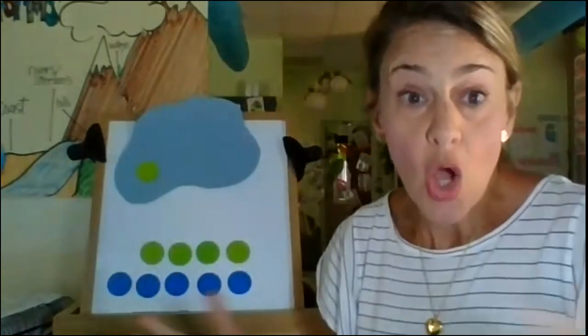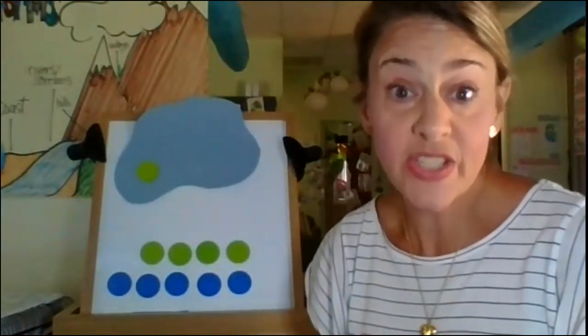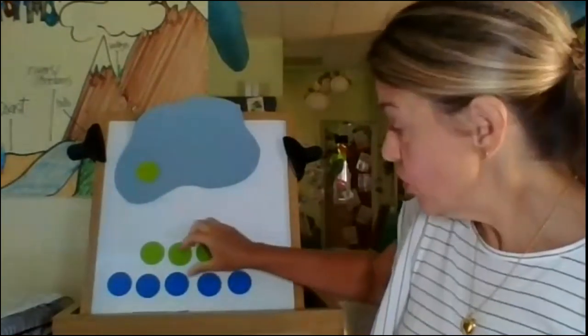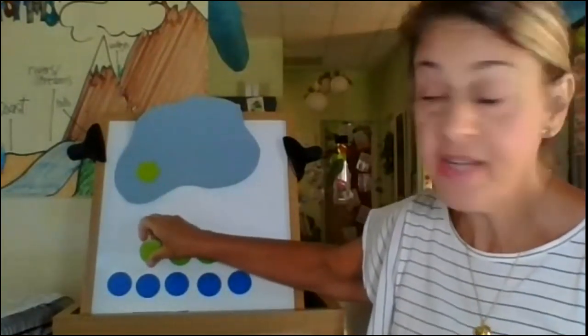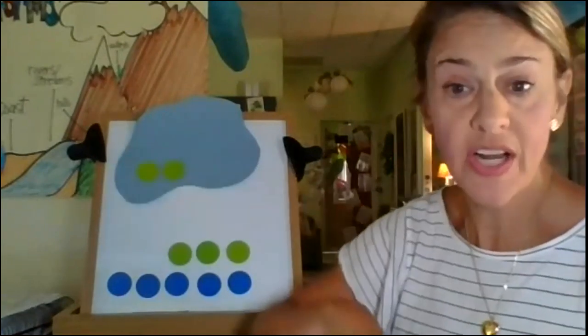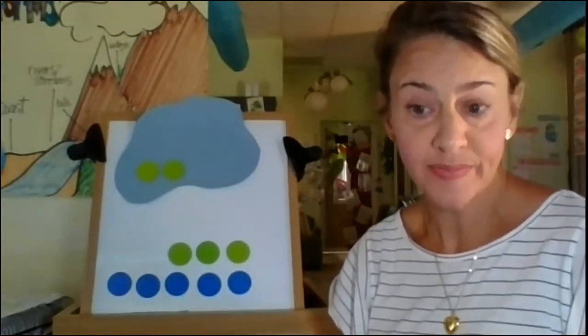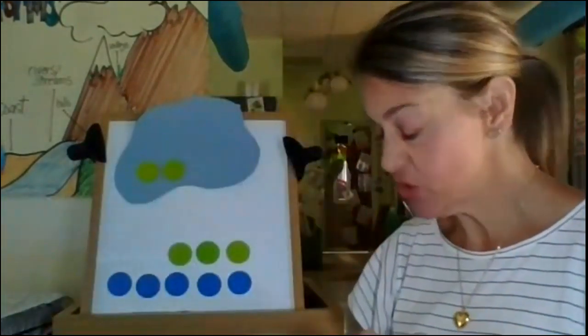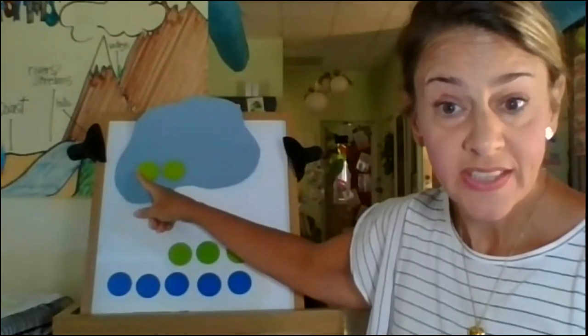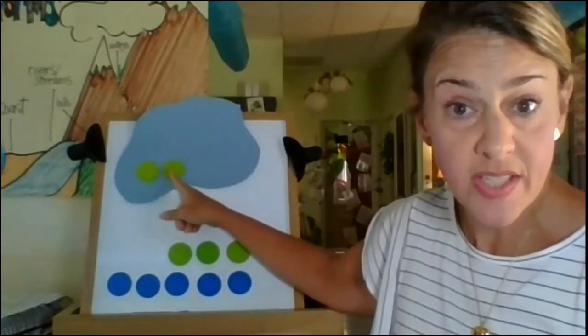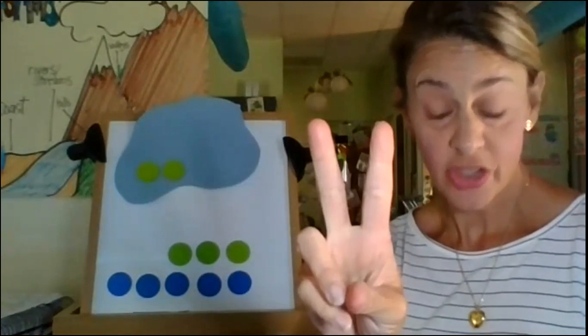But guess what? One more dinosaur got thirsty. So we're going to add one more to the watering hole. How many dinosaurs are in our watering hole right now? Two dinosaurs. Because 1 plus 1 equals 2.